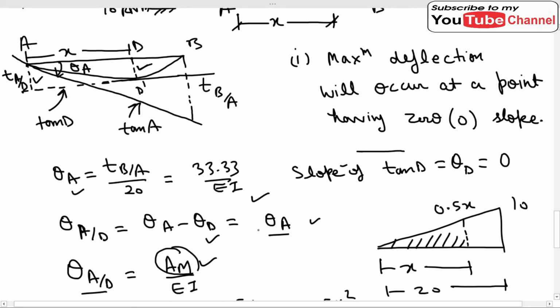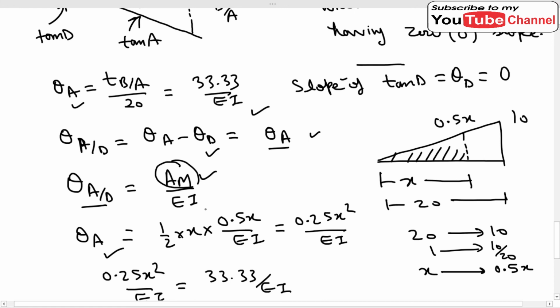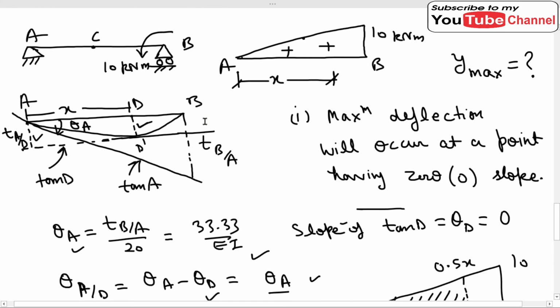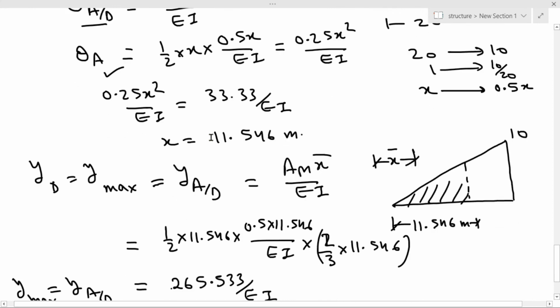So from this equation we can also find theta A, by taking the area of the bending moment diagram up to a point x. After finding this value of theta A, we compare these two values, and from here we find the value of x. After finding this x we find t A over D, which will be equal to this maximum deflection because the tangent is horizontal. In this way we have found the value of y maximum.